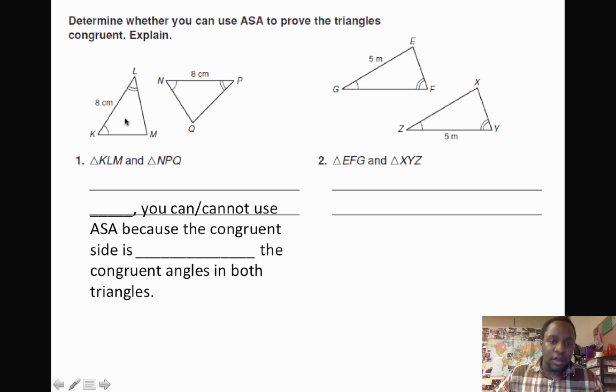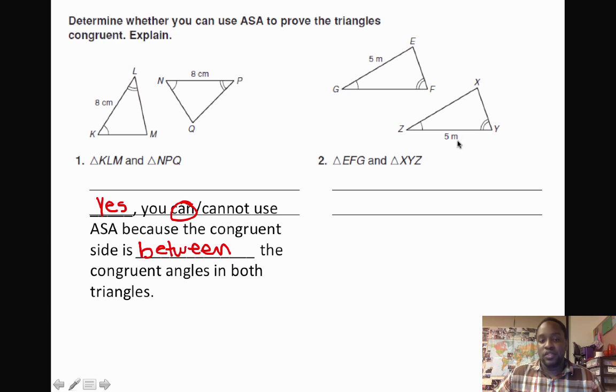But we have a congruent angle, then congruent sides, and then congruent angles. So yes, you can use ASA because the congruent side is between the congruent angles in both triangles.